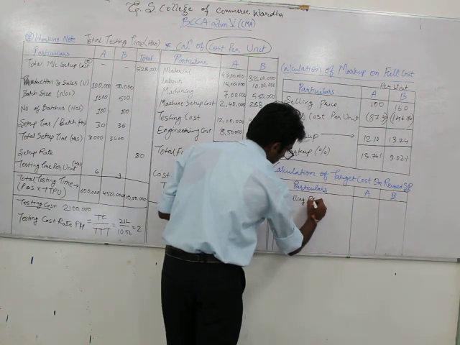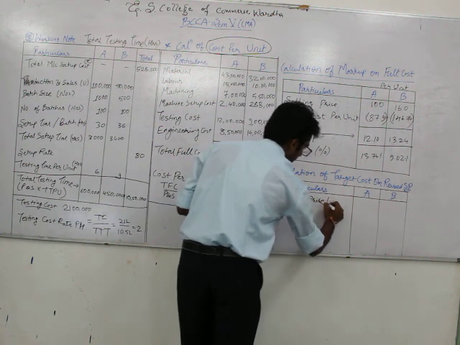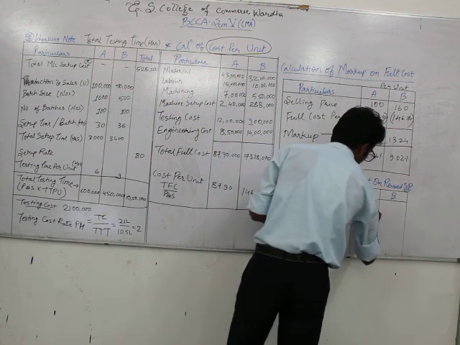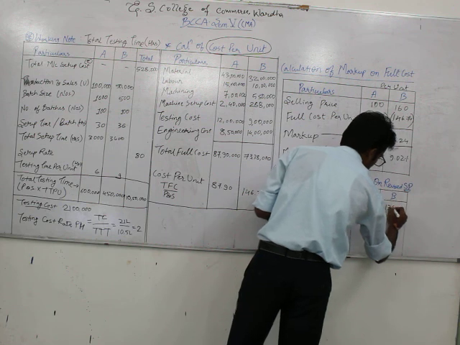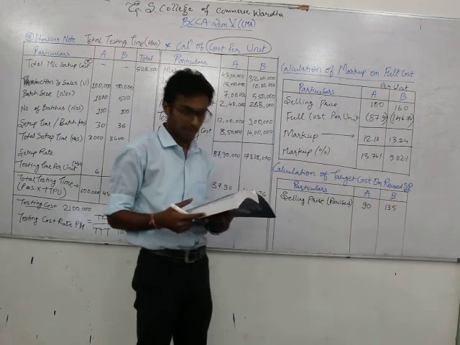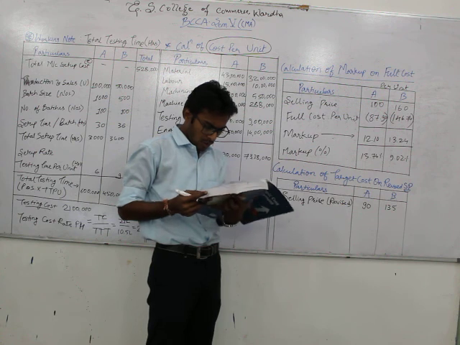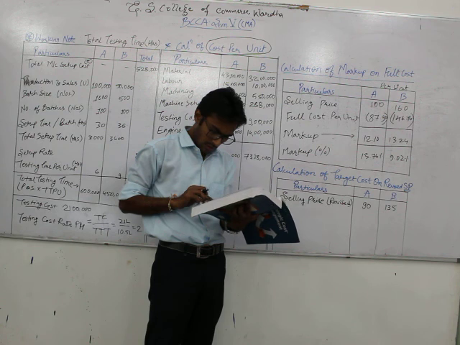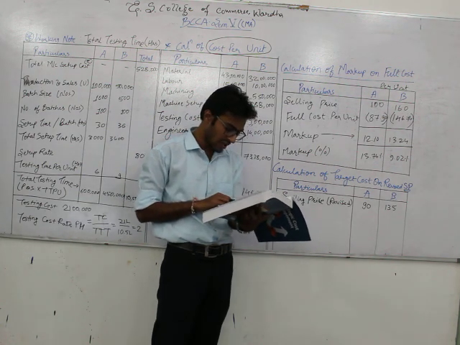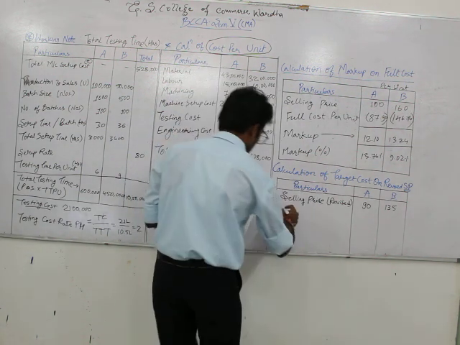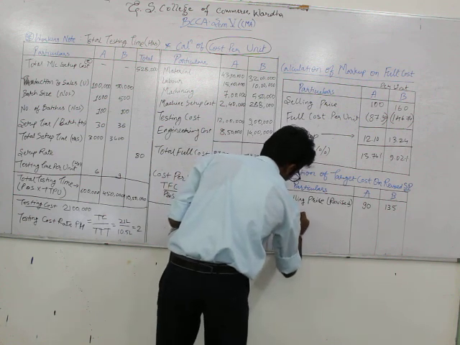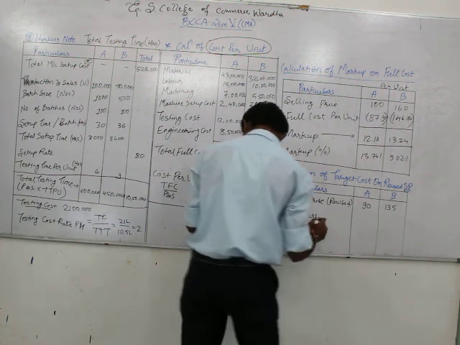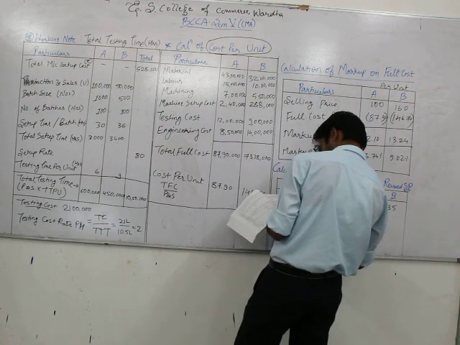So here I can write revised selling price, which is 90 rupees for A and 135 for B. Now how can we calculate the revised markup? Here I am going to write revised markup on cost.